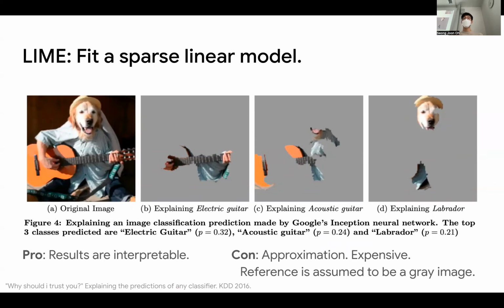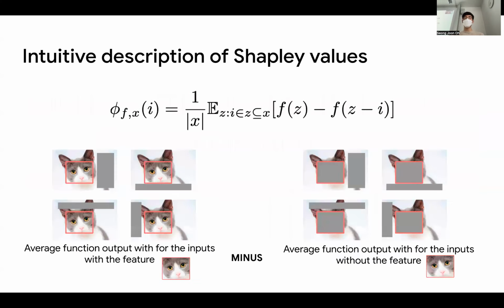So they had a natural notion of continuous feature in their case. But if you wish to use Shapley values, you're treating the binary values as whether you turn on or off your superpixel.